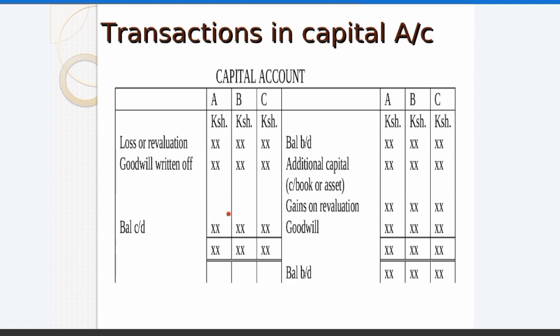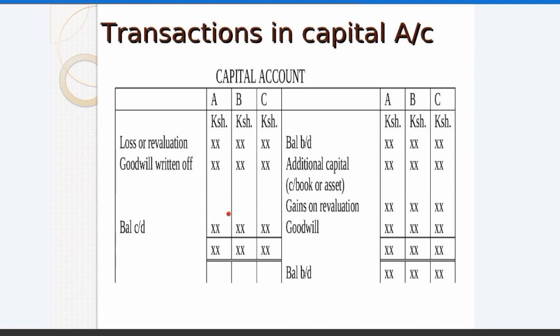So those are the two ways in which the capital of the partners will reduce: number one, because of the share of loss on revaluation of assets and liabilities, and number two, because of the share of the goodwill that will be written off. So if the goodwill that has been created is to be written off from the books of the partnership, then that will reduce the capital of the partnership.